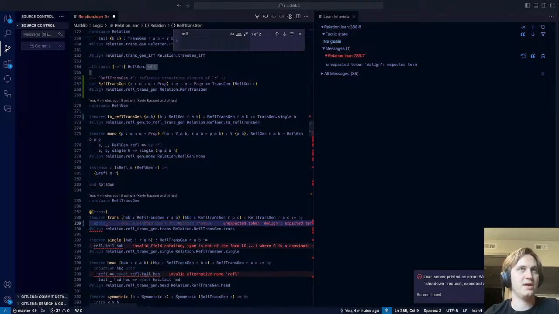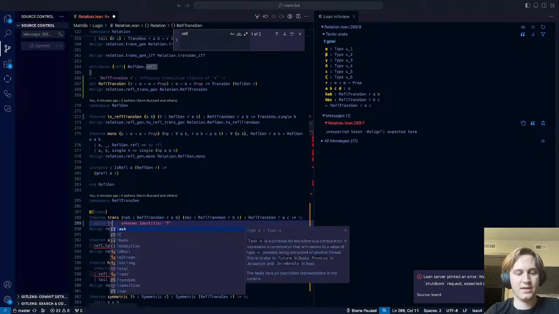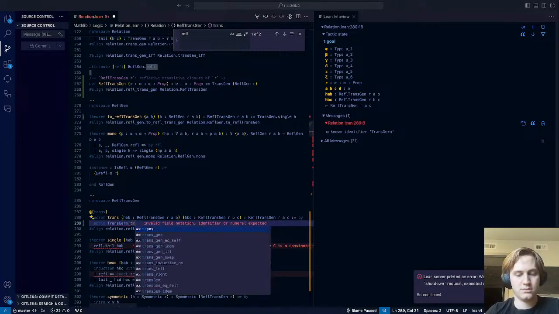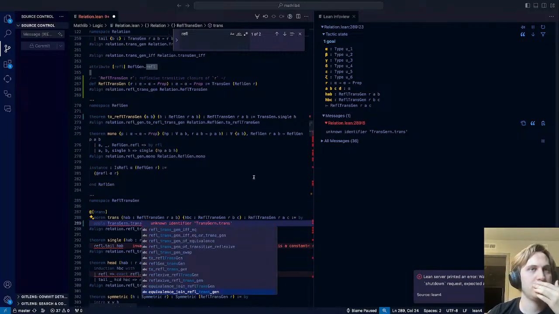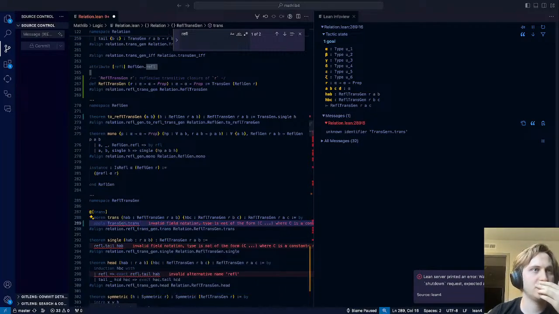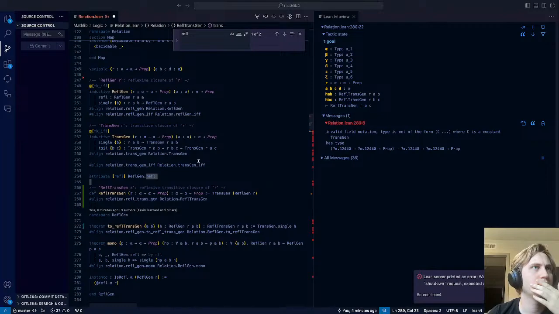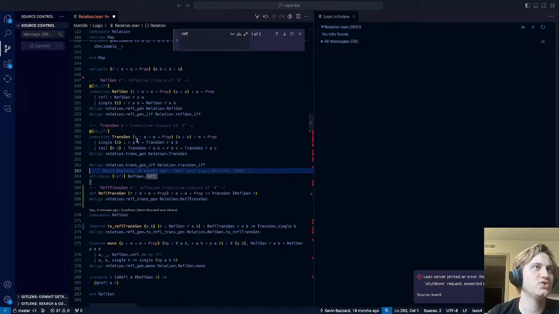So now I want to apply, so I have ReflTransGen, I apply TransGen.single. Now I want to apply TransGen.trans. Invalid field notation. Sorry. No, it's called tail for some reason. That's another question.